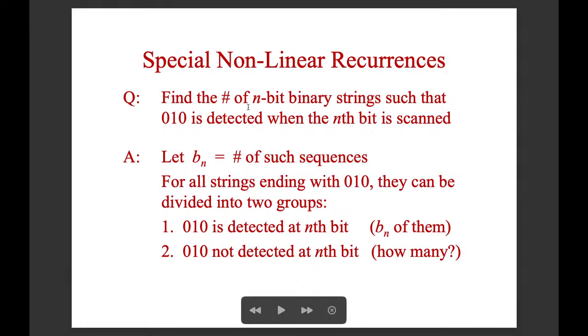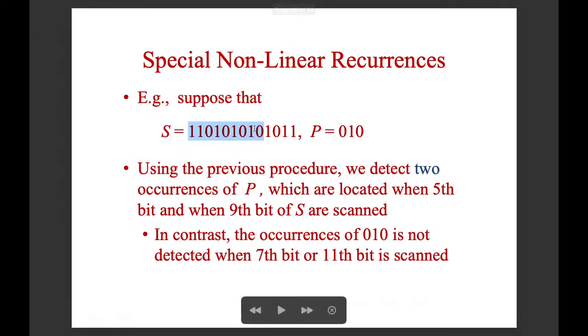Now we are interested in finding the number of n-bit binary strings such that the pattern 010 is detected when the nth bit is scanned. In this particular case, for this pattern P, which is equal to 010, it is discovered when the 9th bit is scanned.